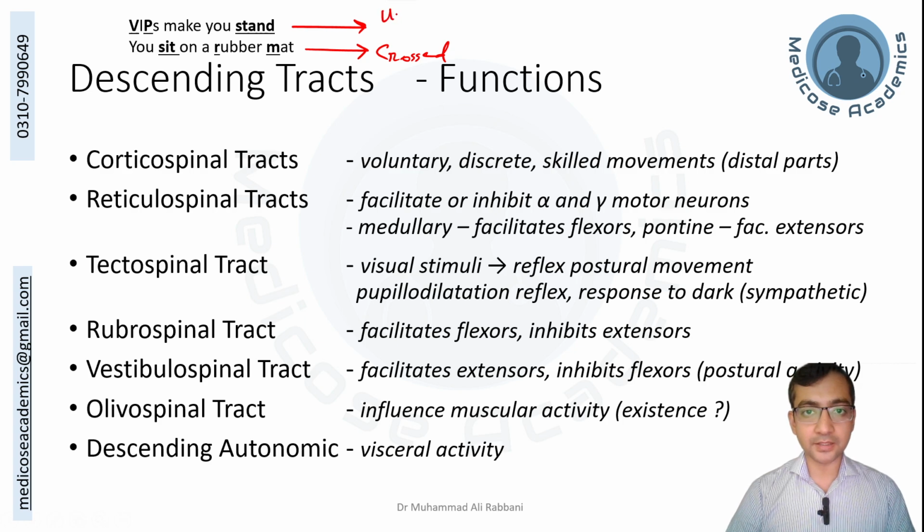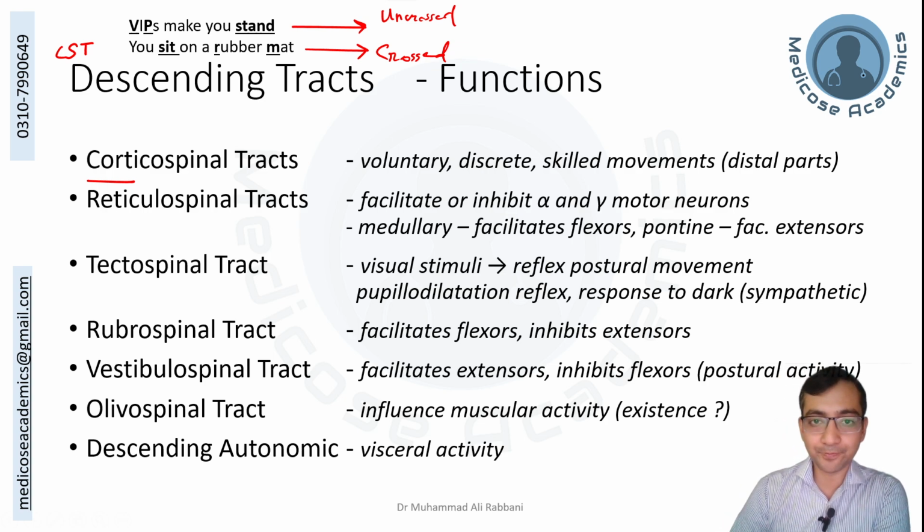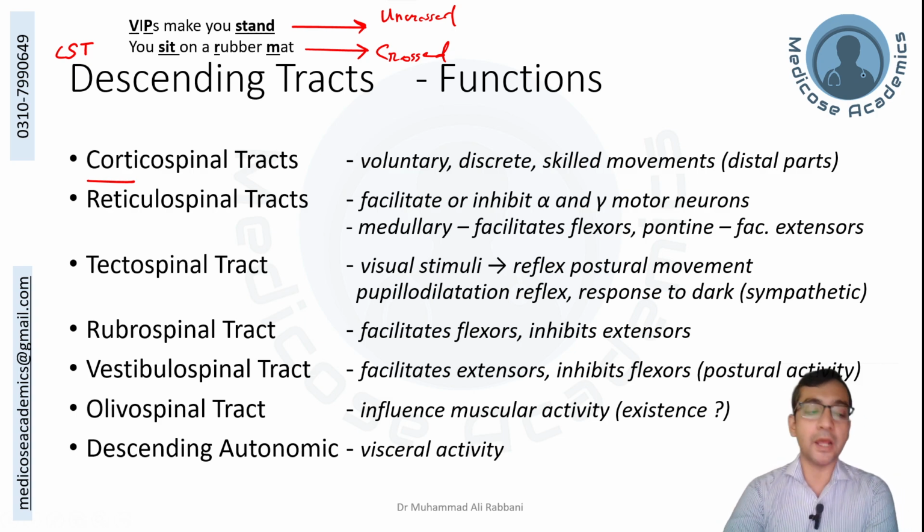So these tracts are uncrossed, and that will hold true for the corticospinal tract too. The corticospinal tract is the one that will ultimately lead to flexion. When you are doing any delicate work, you are flexing your hand, your fingers, your elbows. So the corticospinal tract is also crossed. So this is a mnemonic that can help you remember the different functions of these tracts.